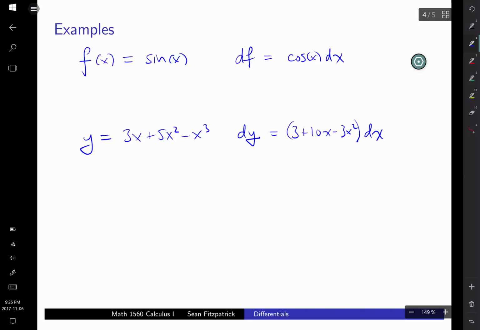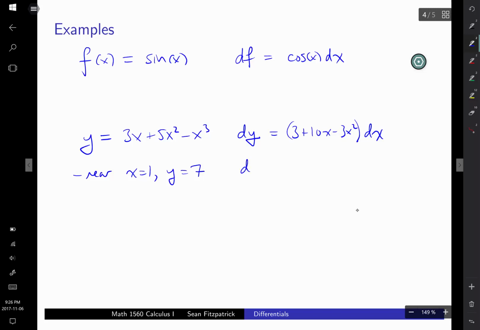And then let's say we're looking at this last one, near, I don't know, x equals 1. So if x equals 1, then y is going to be what? 3 plus 5 minus 1, y is equal to 7, right?